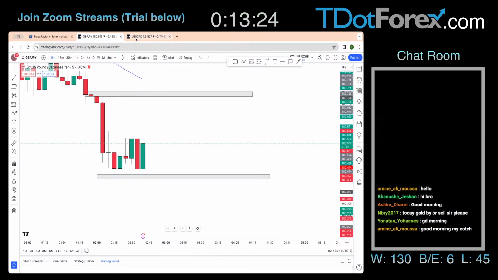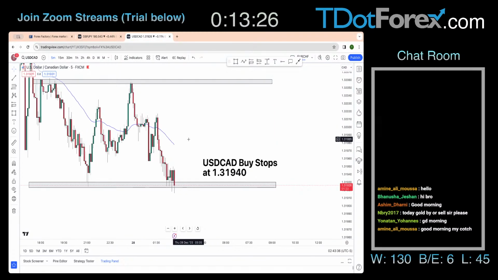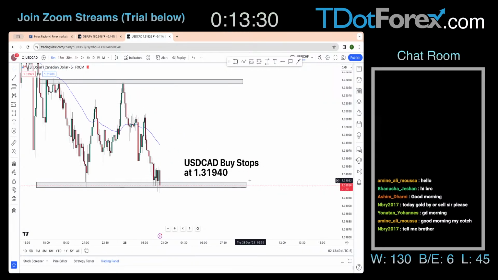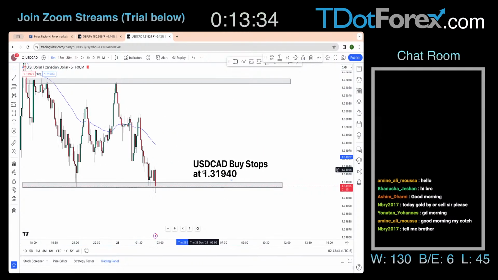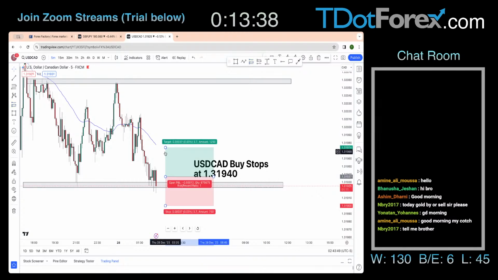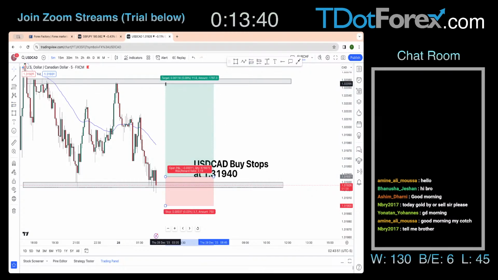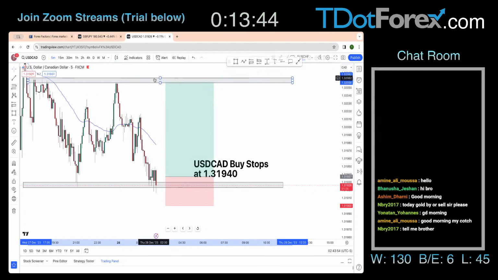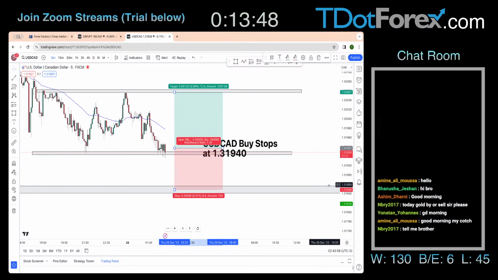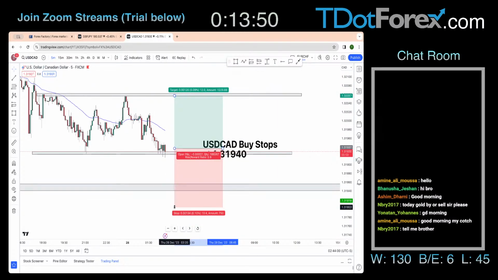Guys, we may get two setups here, either setting up before London opening or right at London opening. We'll see. So 12 pips right here.